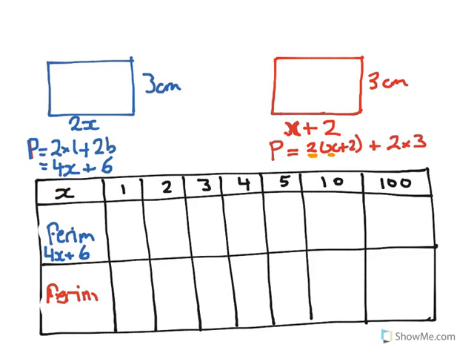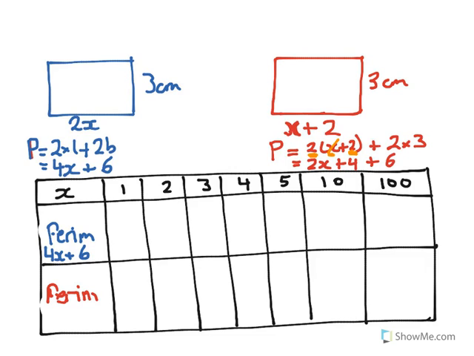So 2 times x will give us 2x. Now we have to take 2 times plus 2, which is plus 4, because all the signs in front of the numbers are positives. Plus 2 times 3, which is 6.